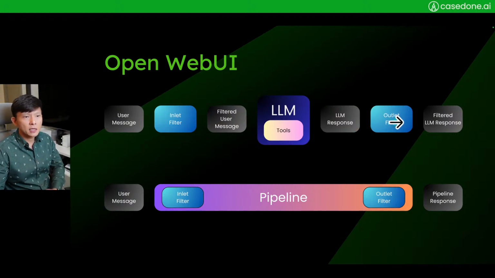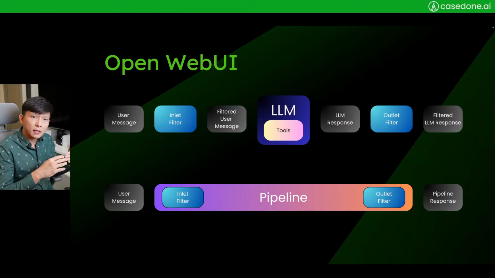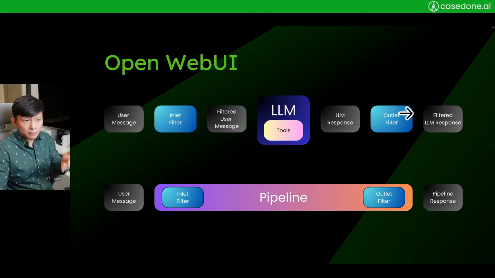This can be adjusting the tone or removing unnecessary text, for example. Pretty much this is what a filter does: processing the incoming message from the user and processing the raw output from the LLM.